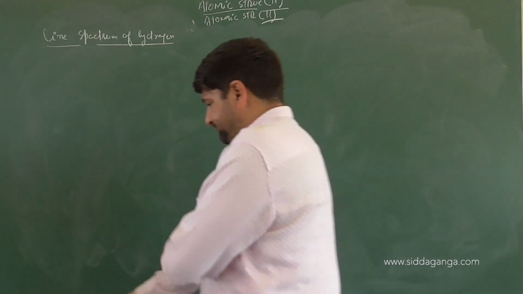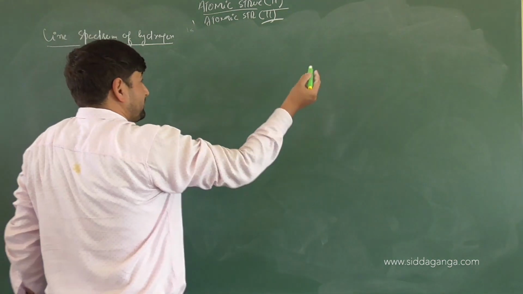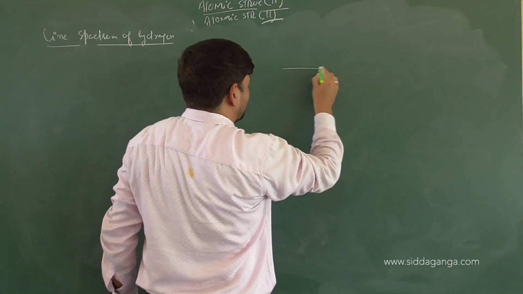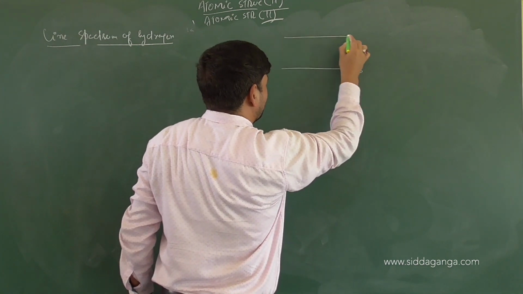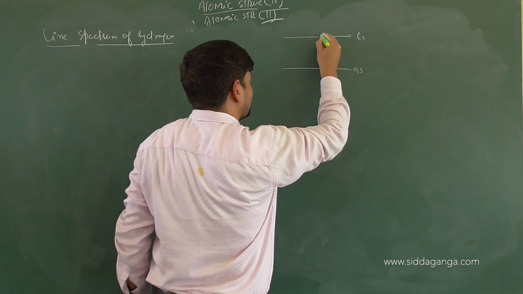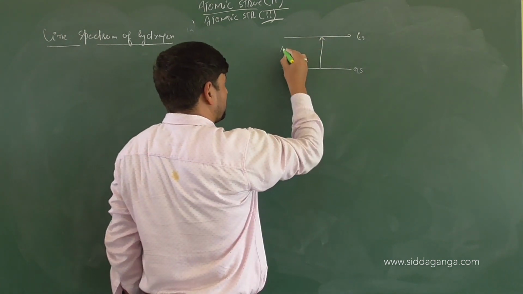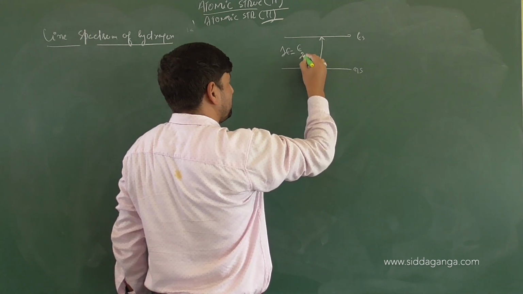Let's have a look. We know when electrons are excited from, suppose, the ground state to some excited state, energy is involved. According to Bohr's model, the energy difference between the two will be E2 minus E1.